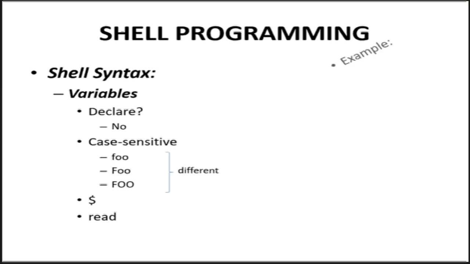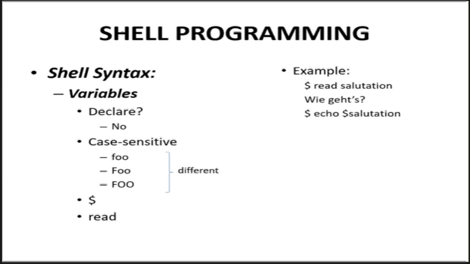For example, read salutation, which was the variable that I used in the declaration of variables in the previous slide. Now I want to read the value into the variable. When I read the value like the one shown on the screen and echo salutation, it shows the same string as an output.